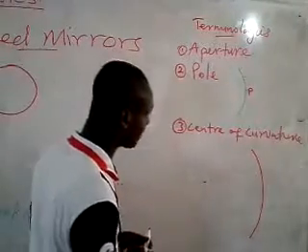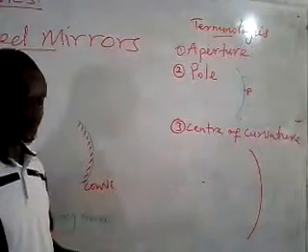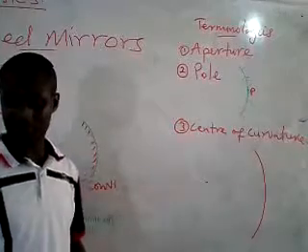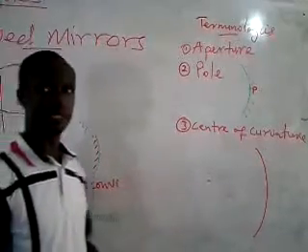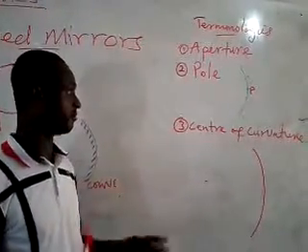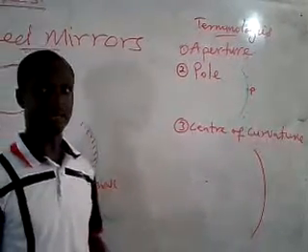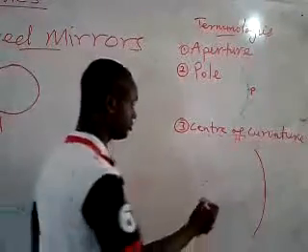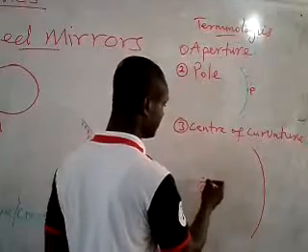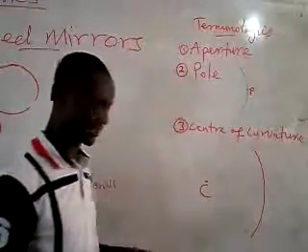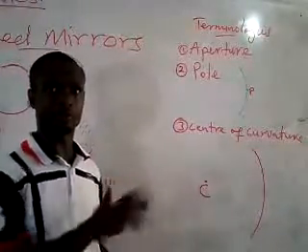Then the center of curvature is the center of the sphere from which the mirror forms part. We use letter C to represent center of curvature.